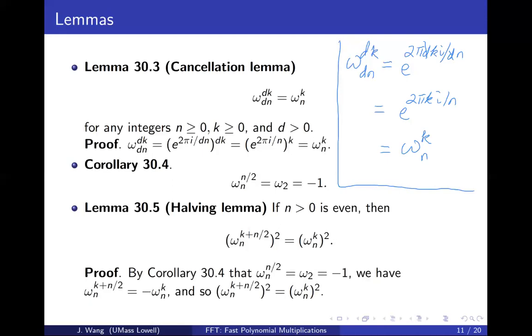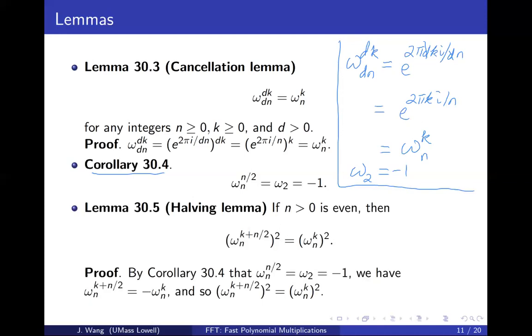From here, remember earlier we already showed that omega 2 is minus 1 when n is equal to 2. Hence we have the following corollary: omega n to the n over 2 power is equal to minus 1.